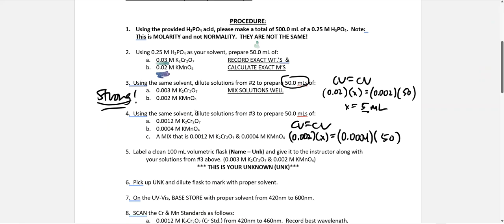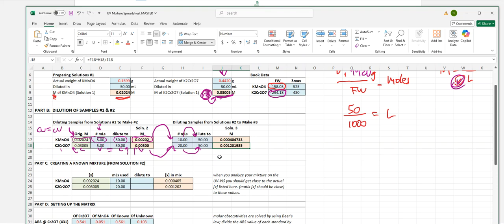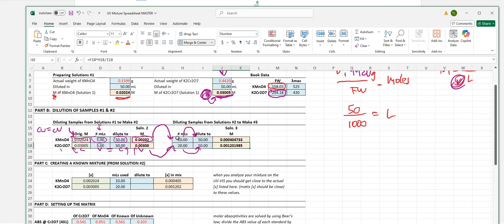All right, so next up says, using the same solvent, dilute the solutions for number 3 to prepare 50 mils of a blah, blah, and then C says a mix that is also the same concentrations. All right, so if I go up here, here is the mix, creating a known mixture. And just like before, these are in separate containers, though.